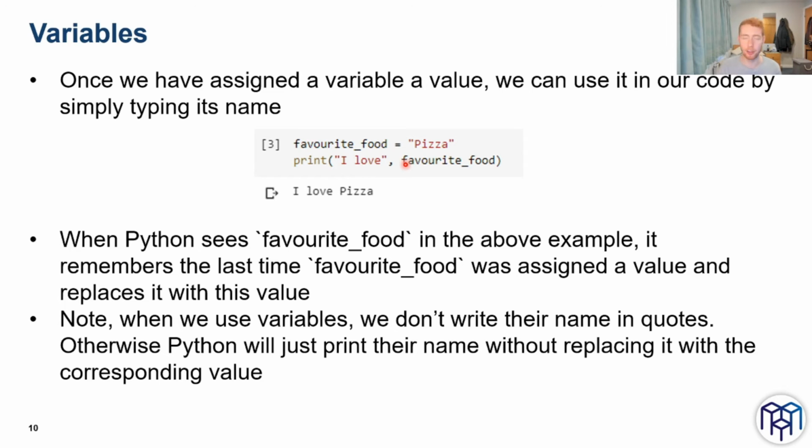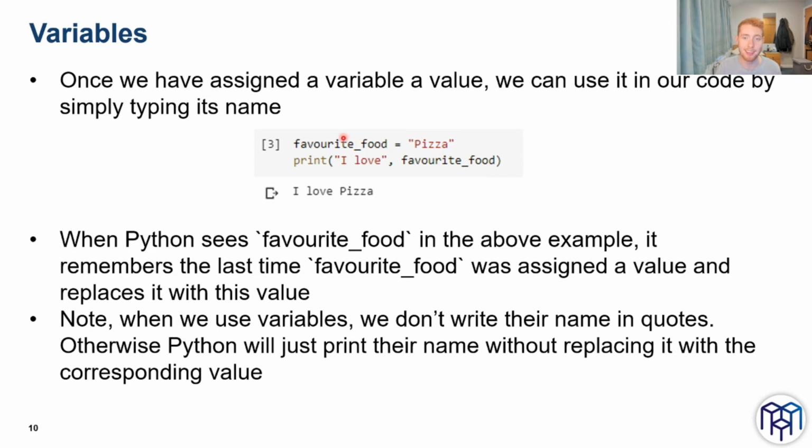And so then Python goes, okay, let me remember all the code that's been run before. Okay, I remember you set favorite food to be assigned the value of pizza. And so what I'll do, I'll literally replace favorite food with pizza. And so we never see this step happening, but basically, in Python's internals, this gets replaced with print I love, comma, pizza in quotes.